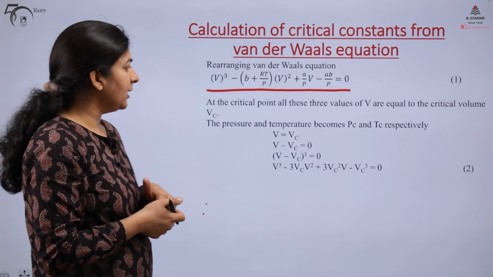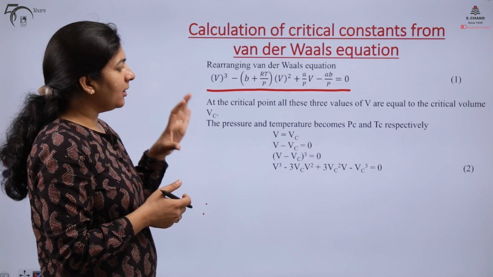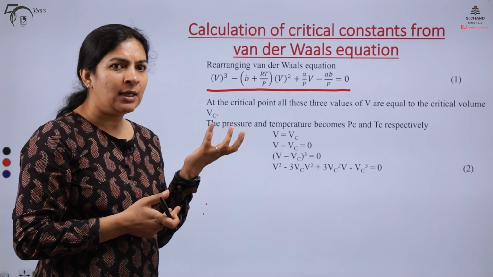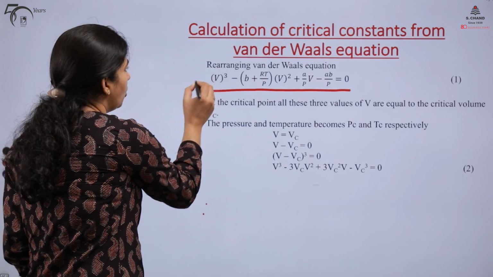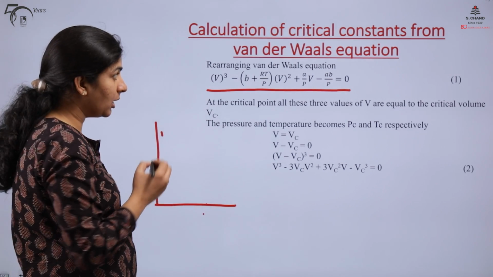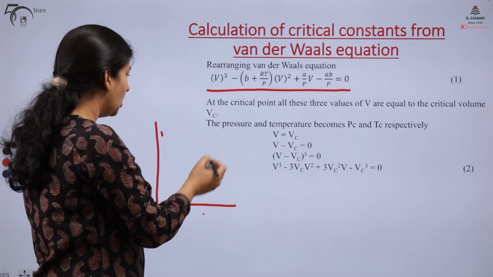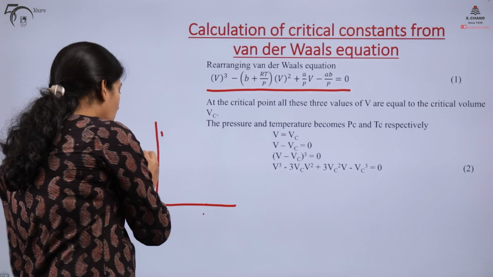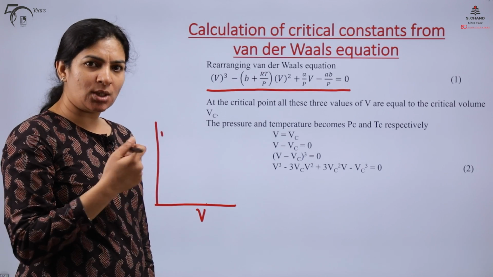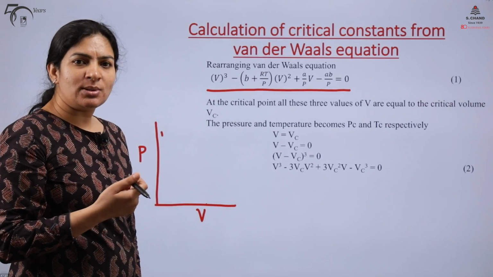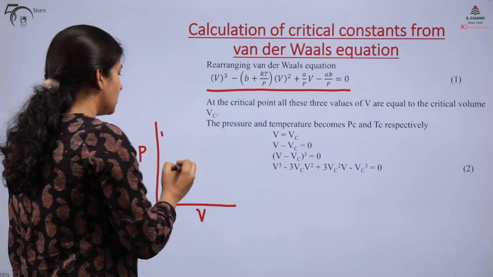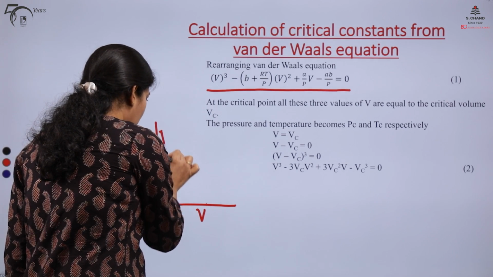We can see this by utilizing the fact that if we try to plot this cubic equation, equation number 1, we would be getting curves similar to the Andrews isotherms for carbon dioxide that we had just had a look at, with a small difference.